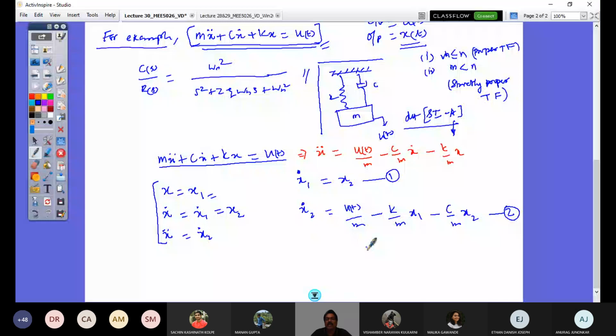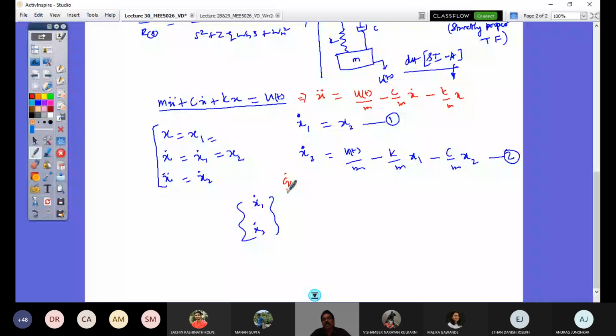I would rewrite this as x1 dot, x2 dot, because I want to write it in this form: x dot is equal to Ax plus Bu. That is my state equation. So you can combine these two equations.